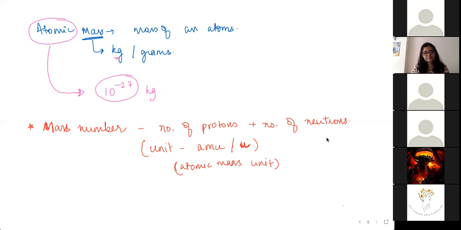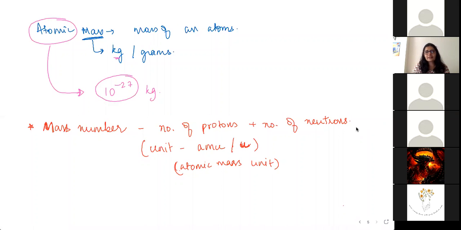Is it because electrons don't have weight? Interesting, Aryan. You're very close. Electrons do have weight, but their weight is so small that it is practically negligible. Ashka is saying number of protons equals number of electrons, so technically that should give it more weight.